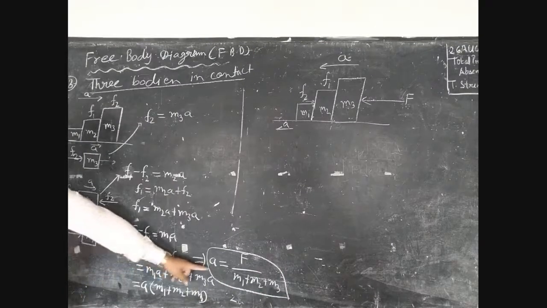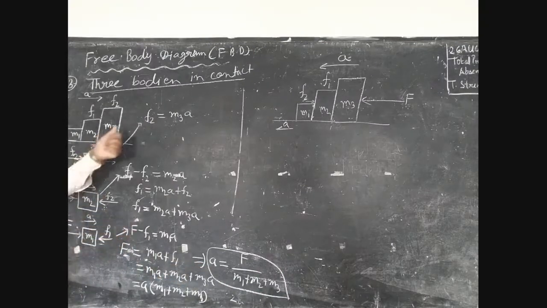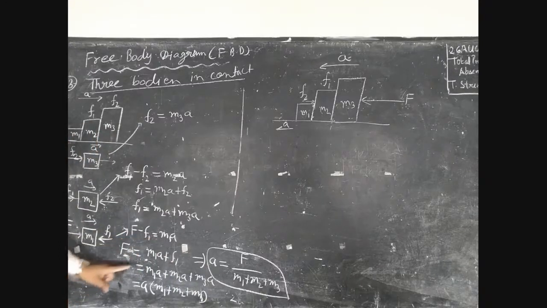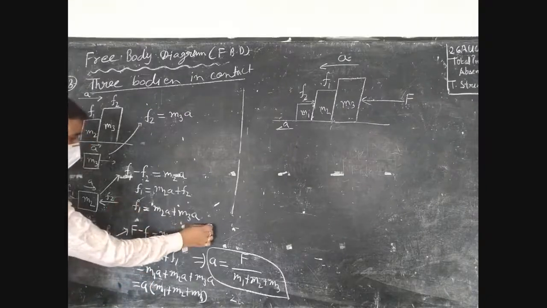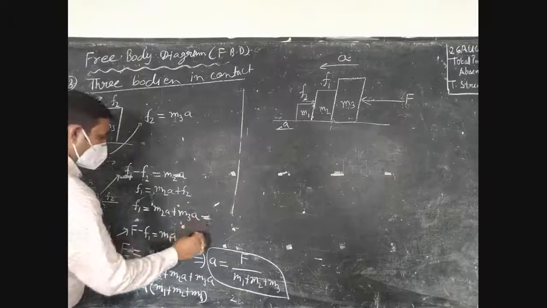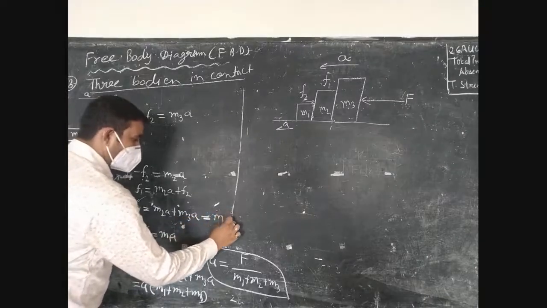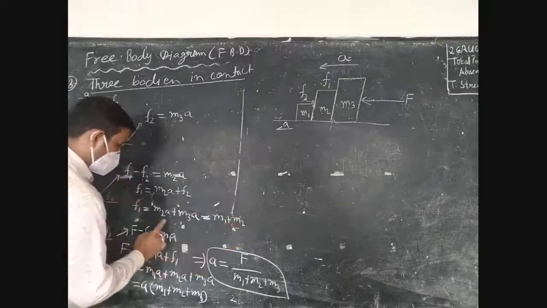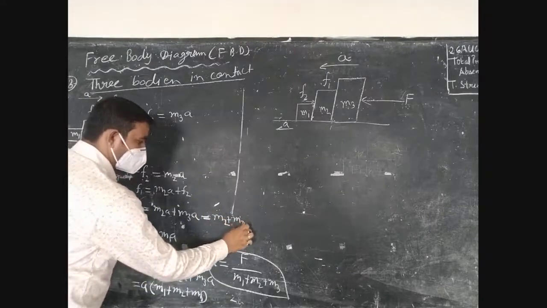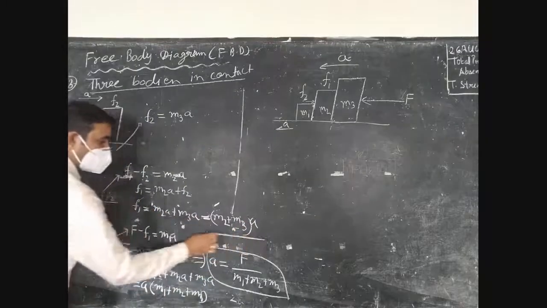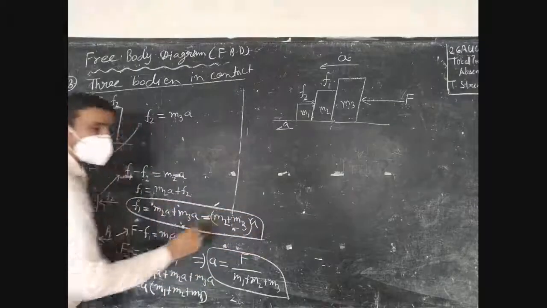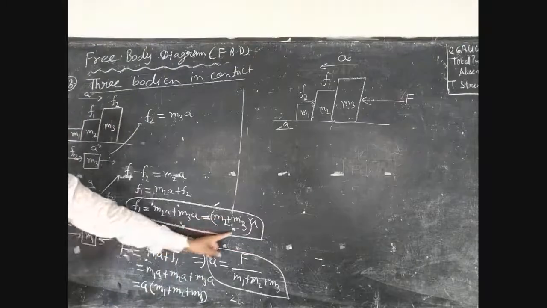Now the force experienced, or opposing force, F1. Where is F1? It is M2 plus M3, into A. So this is your F1. Use the value of A in F1.